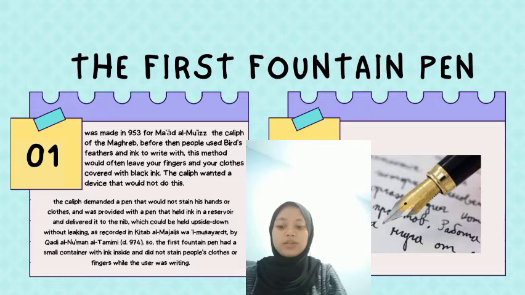So, the first fountain pen had a small container with ink inside and did not stain people's clothes or fingers while the user was writing.